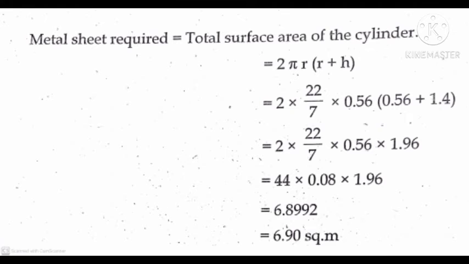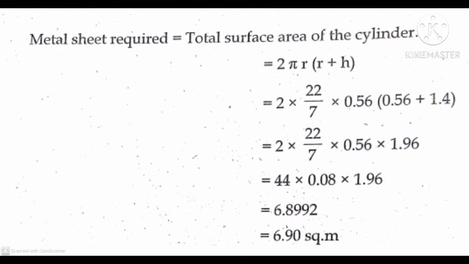We know that total surface area of the cylinder is equal to 2 pi r into r plus h, that is equal to 2 into pi means 22 by 7 into r means 0.56 into r means 0.56 plus h means 1.4.